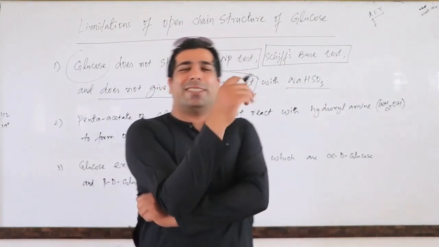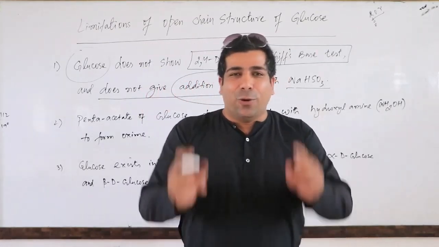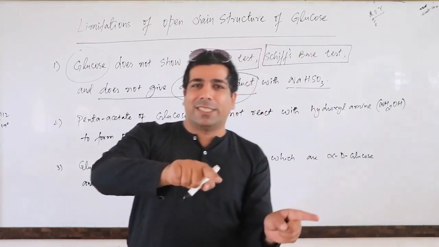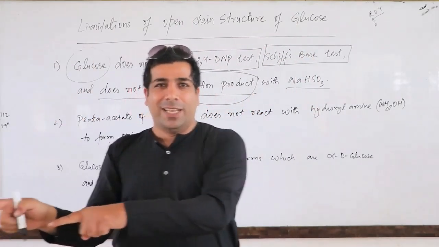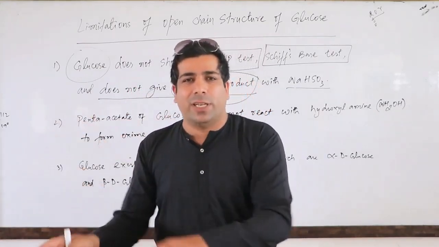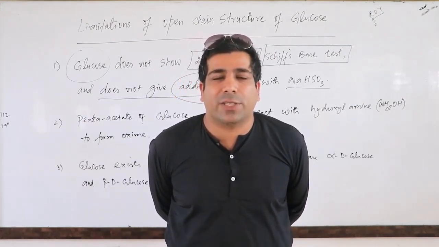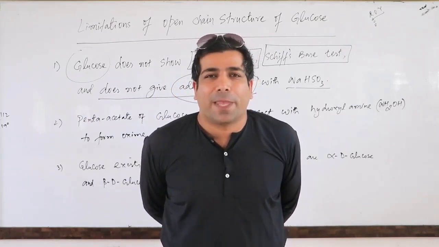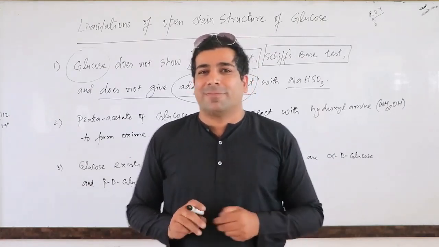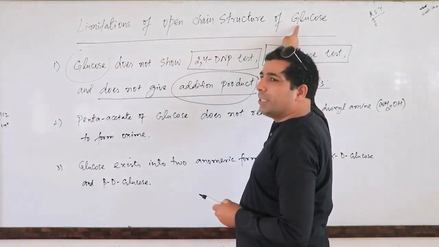The reason is quite simple: the open chain structure of glucose changes into the cyclic structure, which has no free aldehyde. So it's a limitation of the open chain structure of glucose.